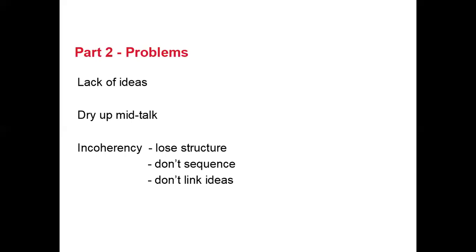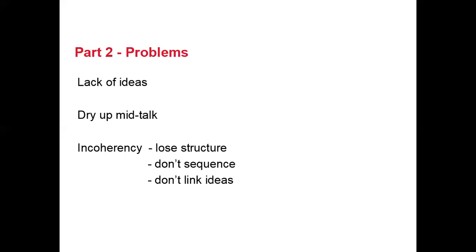There is a problem of incoherency. That is, you are explaining one thing and then you lose structure. You don't speak according to the order, although it is not required that you follow the order of the prompt, it would help you to follow the order so that you can cover all the aspects and it will give you ample time and content to talk for 2 minutes.